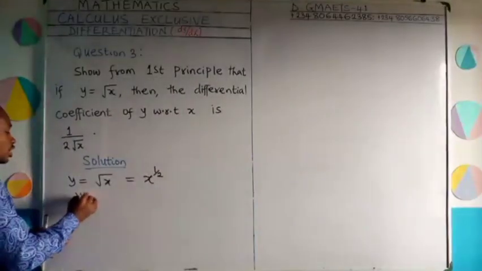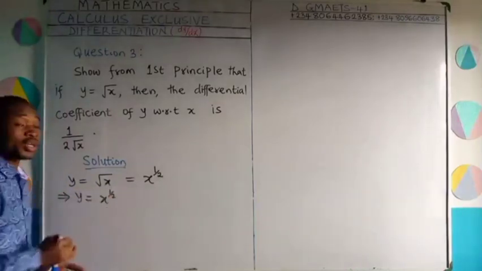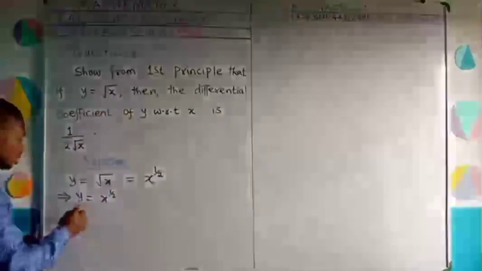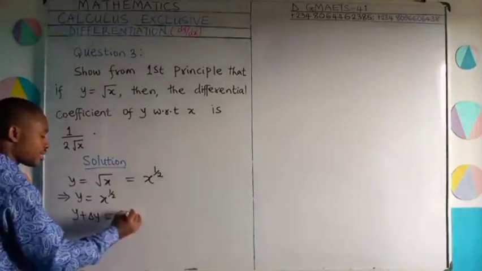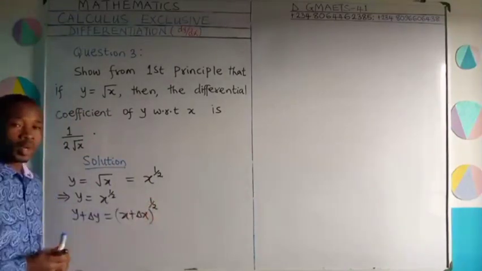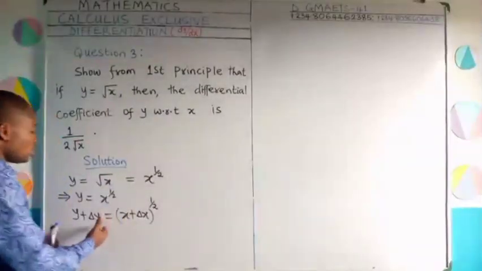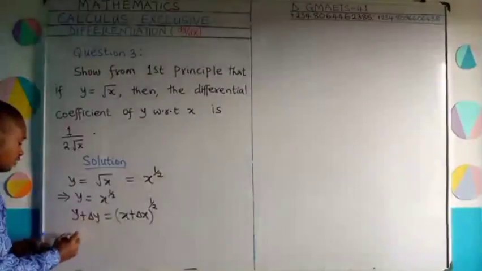So it means that the function is actually y equal to x to the power of 1/2. So what do we do? Using first principle, let's move on straight. This is y plus delta y equal to, come to this x, add delta x to it, raise everything to power 1/2. So from here we can now do some expansion while making delta y subject of the formula.